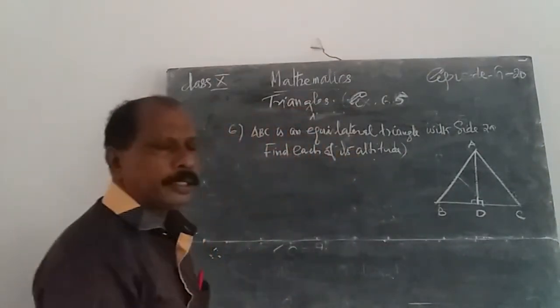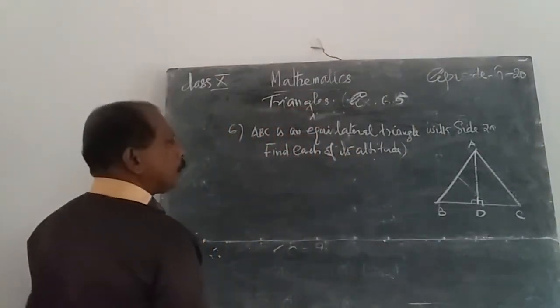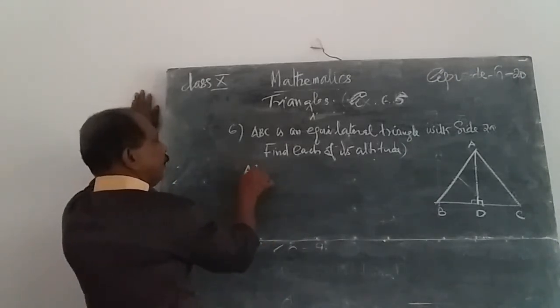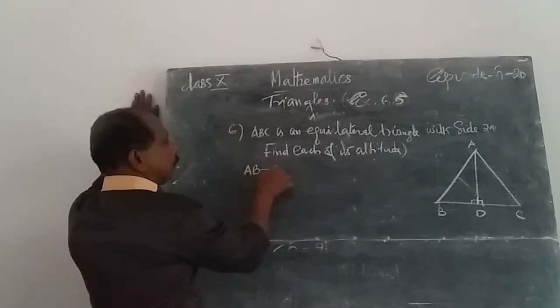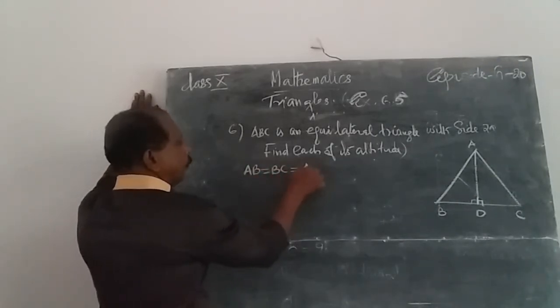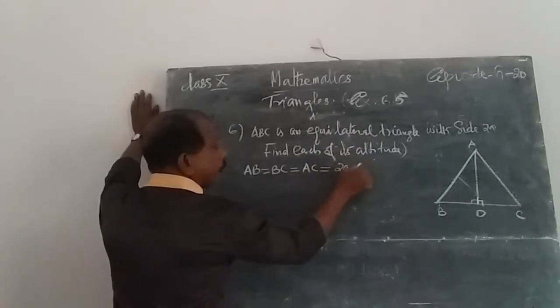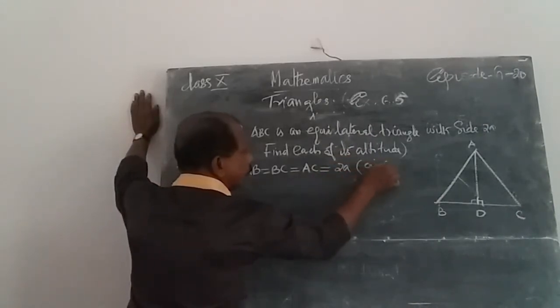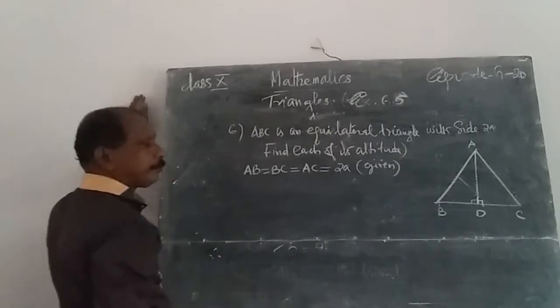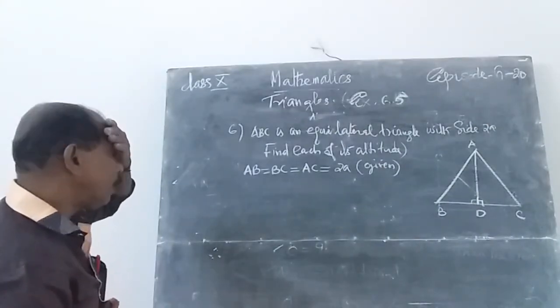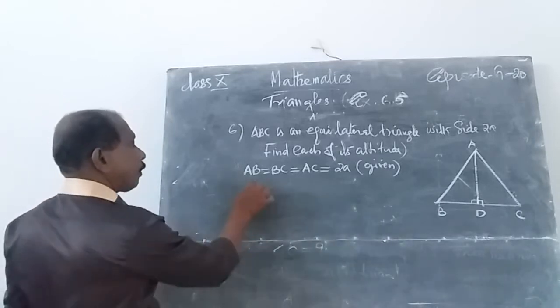We can use the Pythagoras theorem. AB is equal to BC is equal to AC. It is given that it is 2A. What is BD? Half BC.